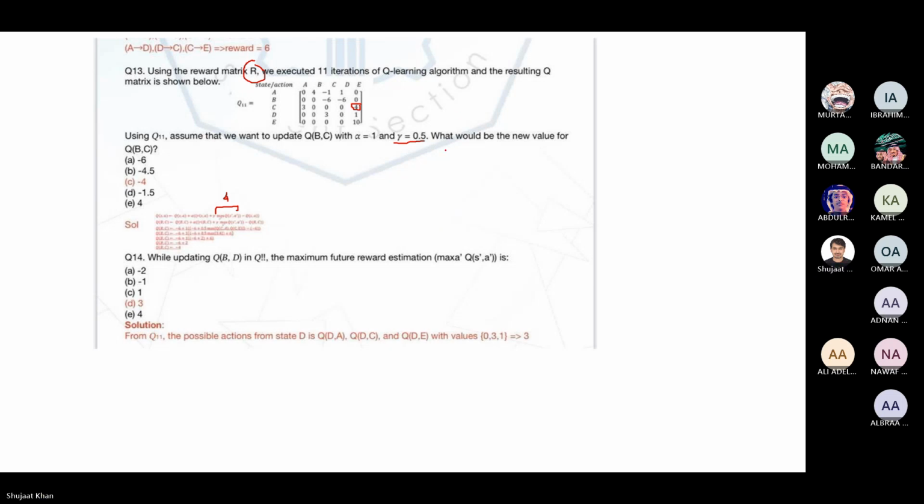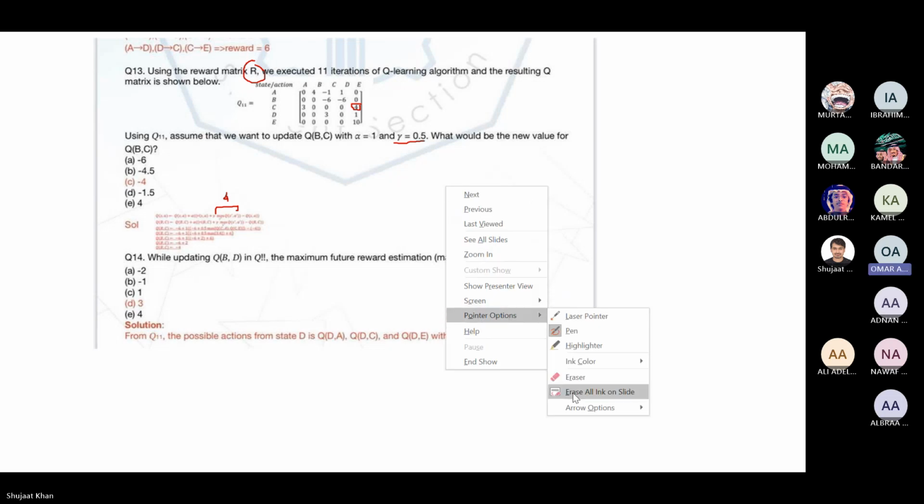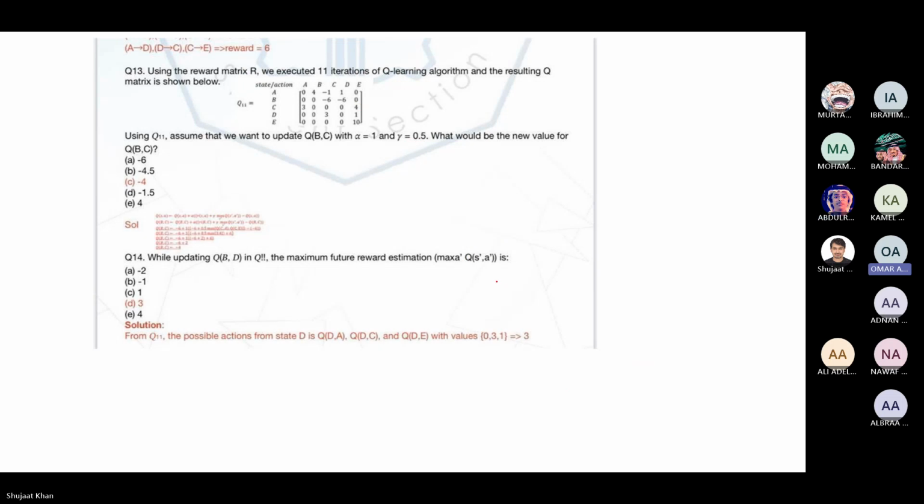Yeah, I think the question that was sent is lacking. We have calculated this part, but we need the R value to put here. Otherwise, the rest of the calculation is done.